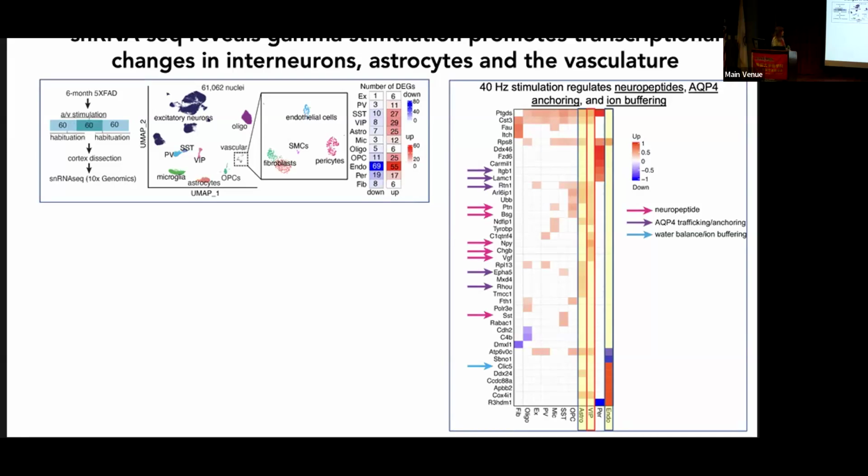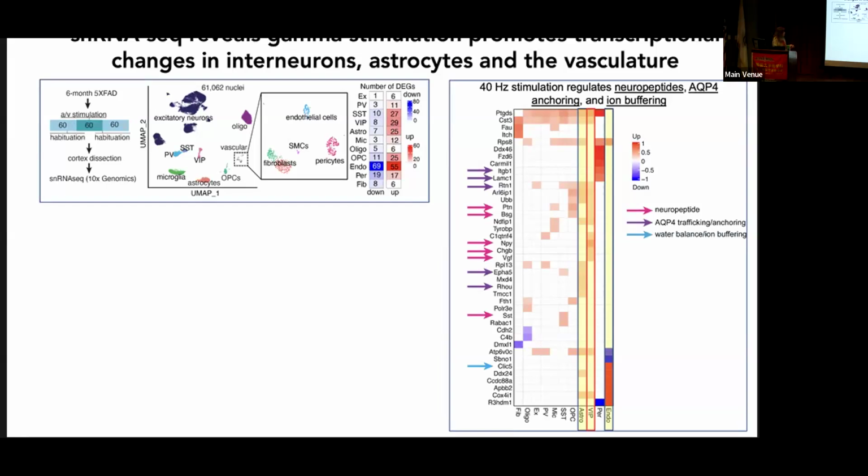And when we look at the gene ontology, the biological processes that are particularly impacted by the stimulation turn out to be peptide synthesis and intracellular protein trafficking, membrane anchoring type of processes.